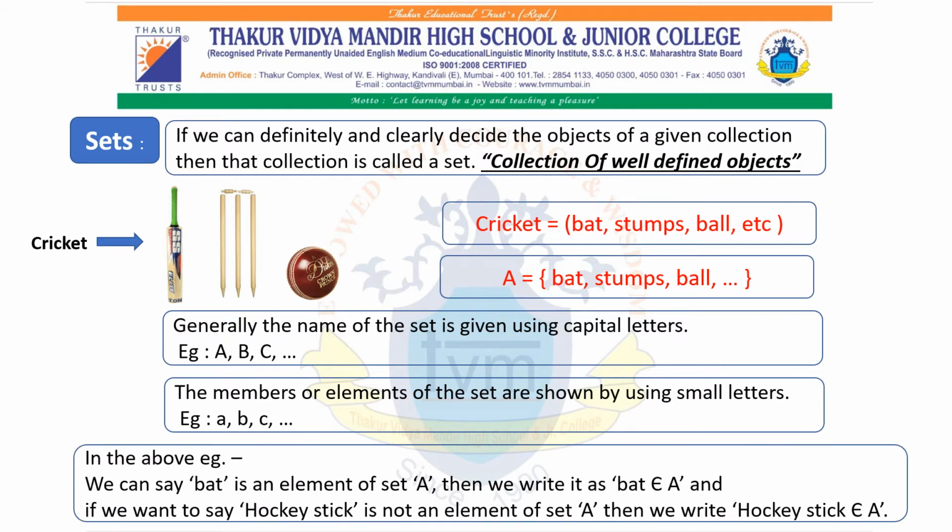In the above example, suppose we want to say bat is an element of set A, then we can write it as bat, symbol of element, A, which can be read as bat is an element of set A. And if we want to say hockey stick is not an element of set A, then we write it with the not-an-element symbol: hockey stick is not an element of set A.